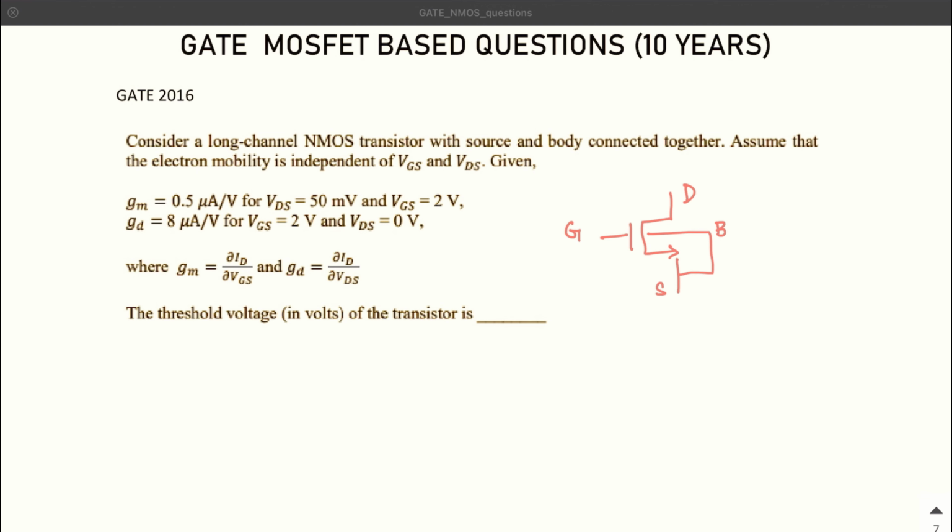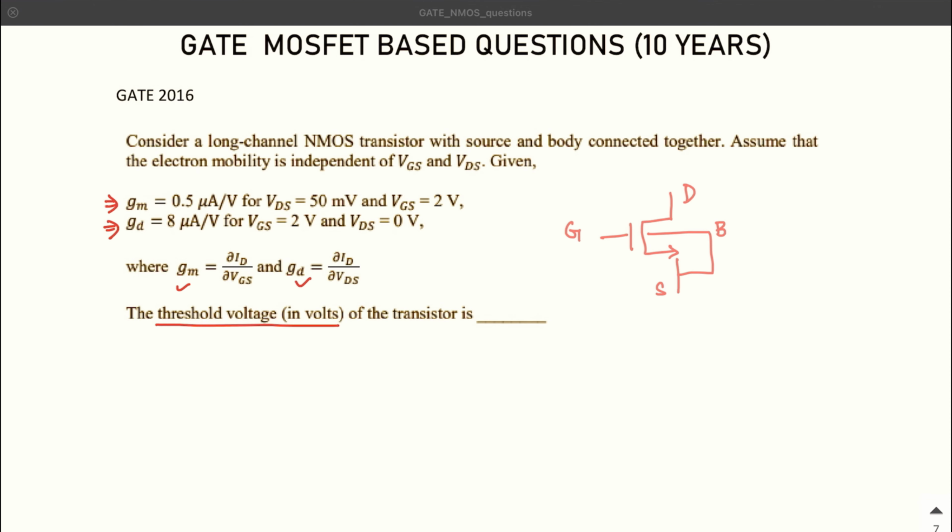And we are also told that GM is equal to 0.5 microampere per volt for VDS 50 millivolt and VGS 2. And we are also given GD is this for VGS 2 and VDS 0. GM and GD are actually the drain current derivatives with respect to VGS and with respect to VDS respectively. So what you are asked is the threshold voltage of the transistor.